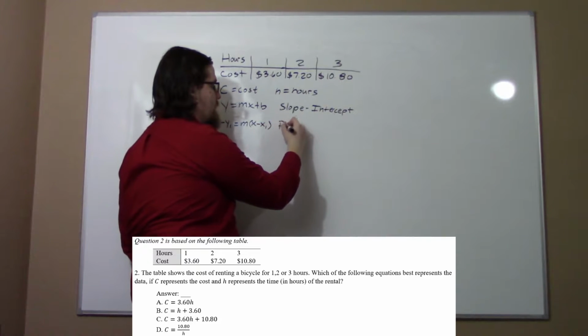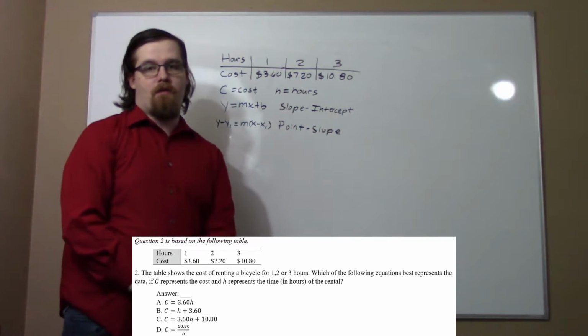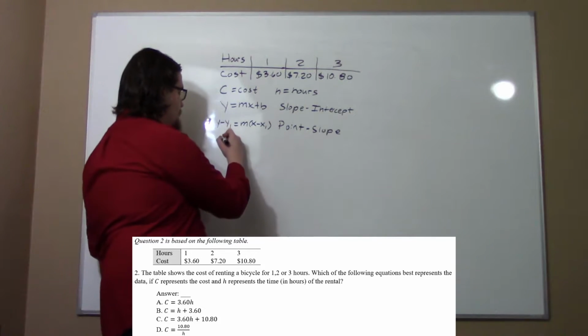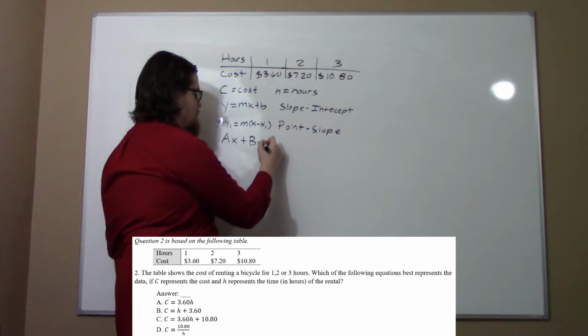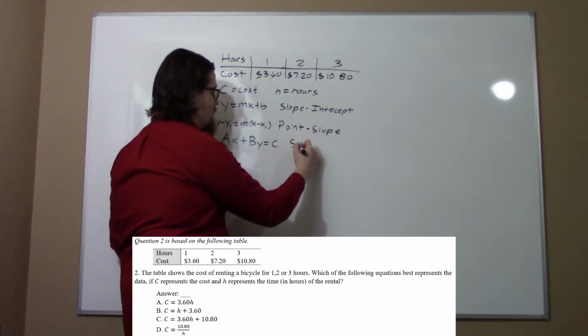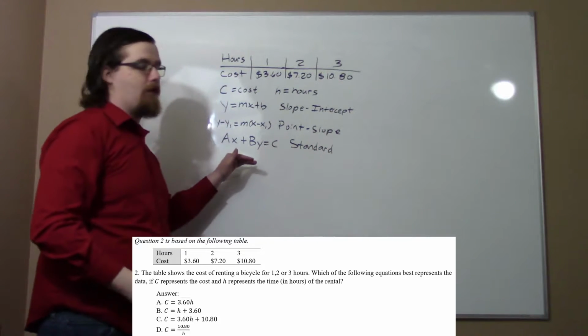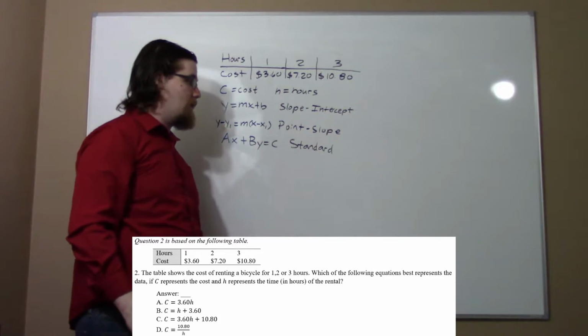This is the point-slope form. And then finally we have standard form, which is ax plus by is equal to c. Today we're not going to need standard form for this particular problem. We will, however, use both of the other two equations.